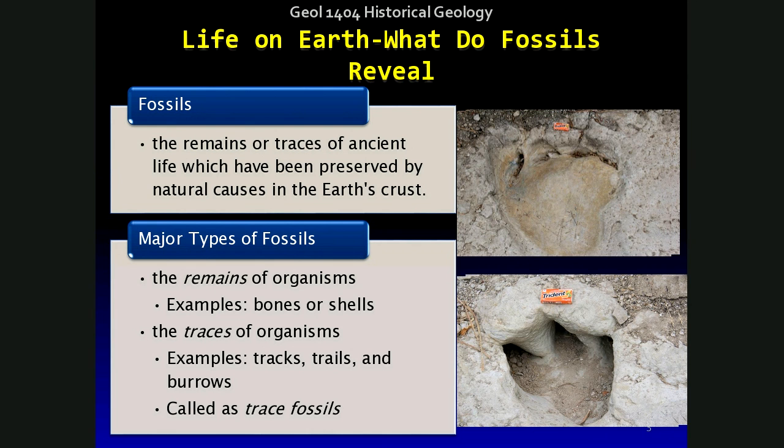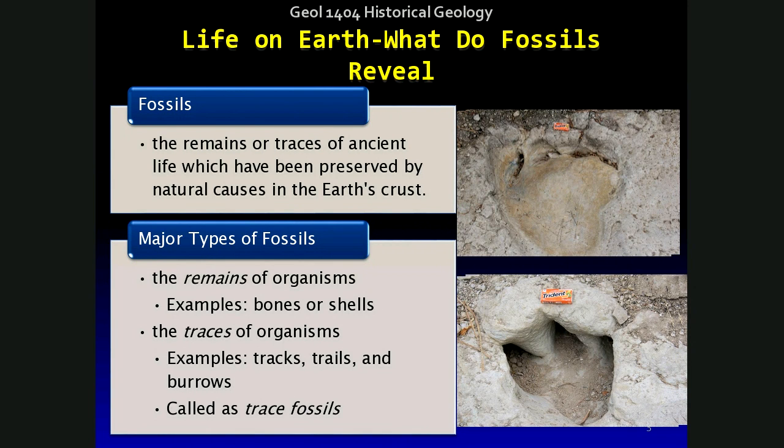Then, what are these fossils? They can be bones or shells, that is, hard parts of organisms, or in general terms, remains of organisms. Or they can also be the traces of organisms. When we say traces, any interaction between the animal or the life form and the host material, which is mostly the sedimentary rock material.